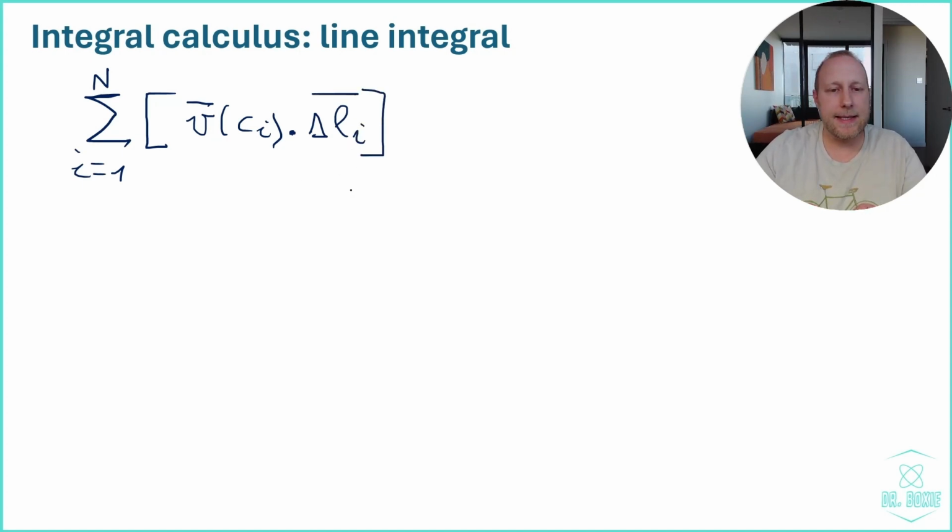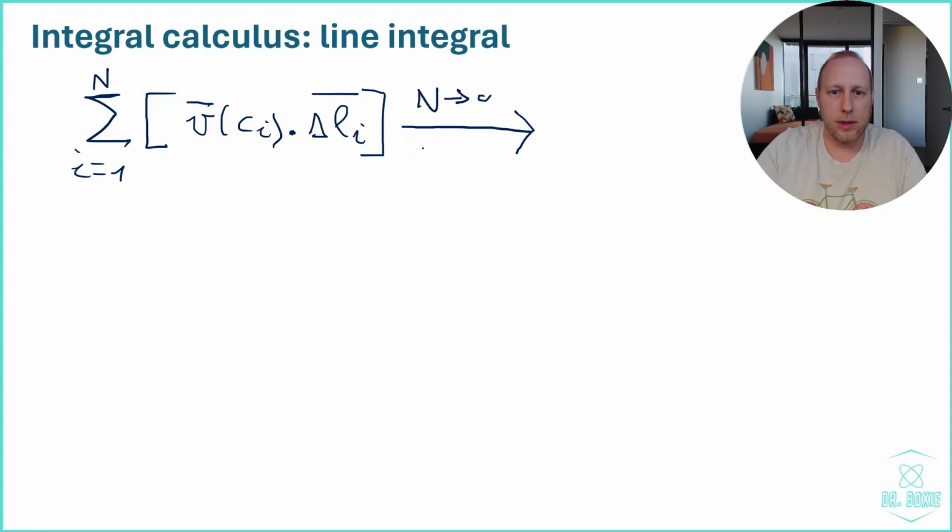So this is a Riemann sum kind of expression, and we do a similar limiting process in such a way that n goes to infinity, in such a way that the size of each of those sub-intervals becomes smaller and smaller. And as we take that limit, we get something which is known as the line integral.